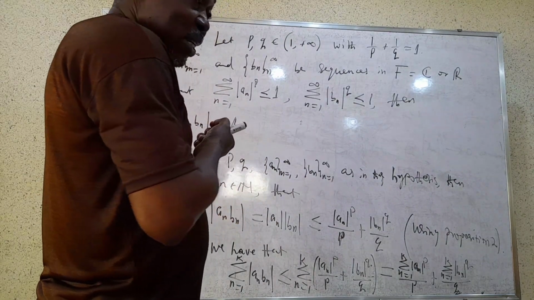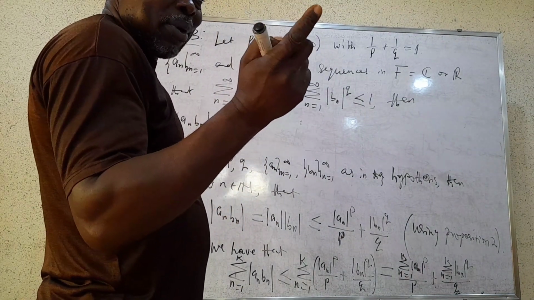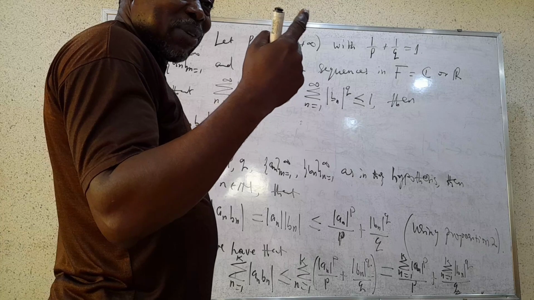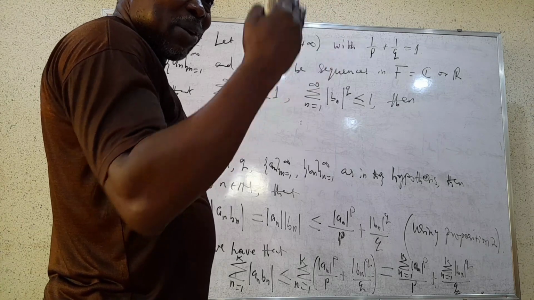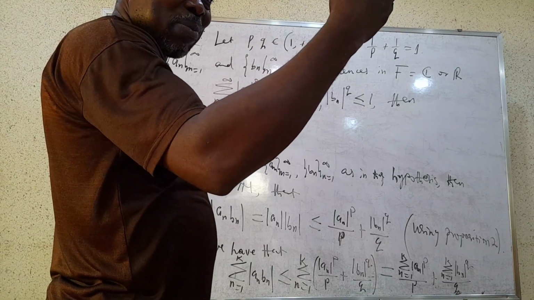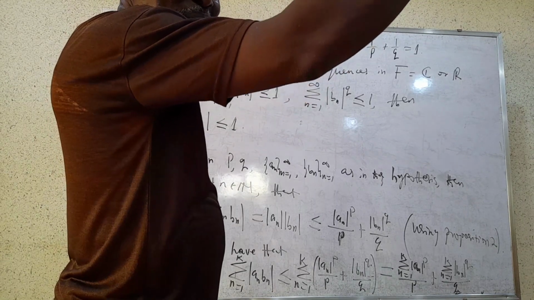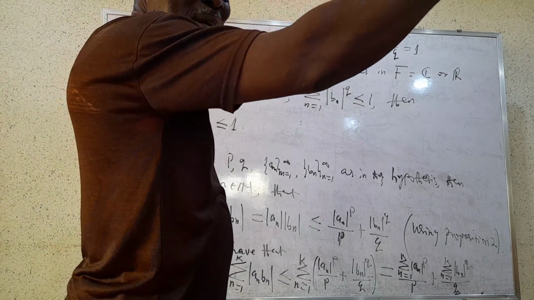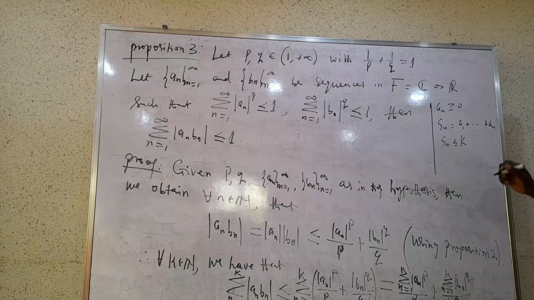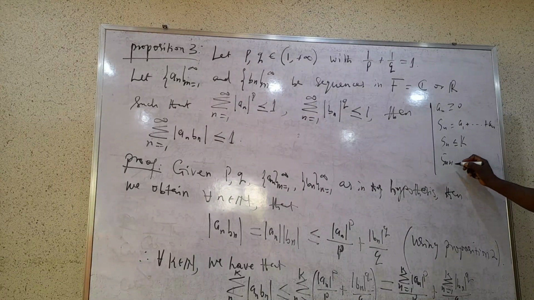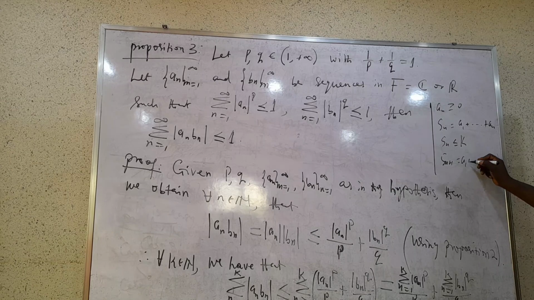What I just said is deep. If you have a sequence of non-negative terms, and the sequence of partial sums is bounded above, the series converges. Watch here. What is S_{n+1}? S_{n+1} will be a_1 plus up to a_n plus a_{n+1}.